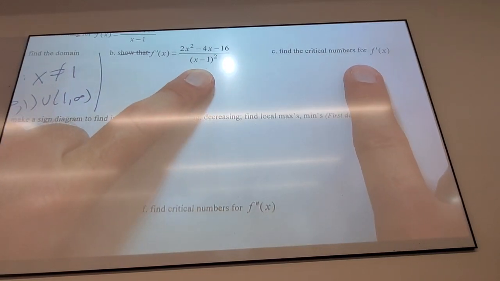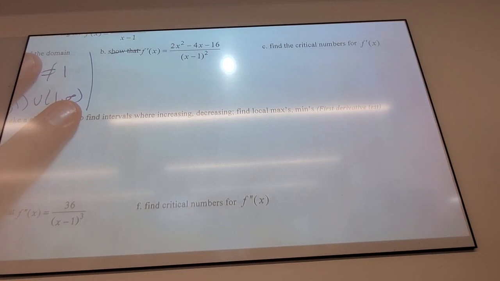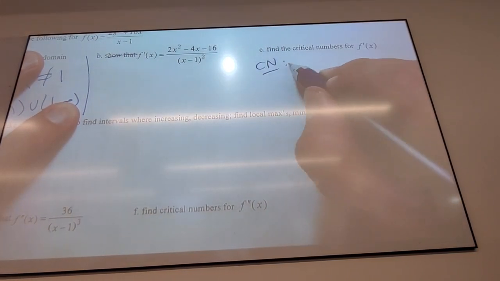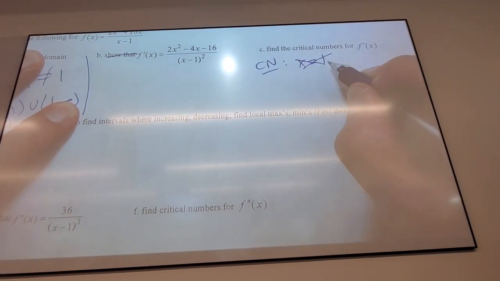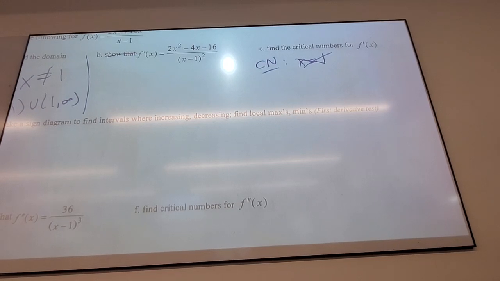But how do you find the critical numbers? What's one critical number you can just see? 1. Yes. Now, why is that actually not a critical number? Because 1 is not in the domain. So 1 does make the derivative undefined, but it also makes the original function undefined, so it's not even a candidate to be anything.